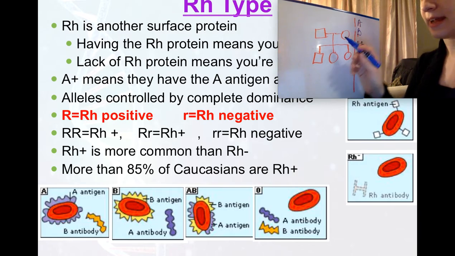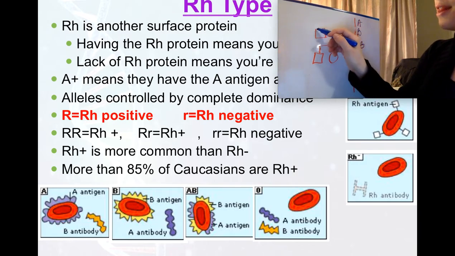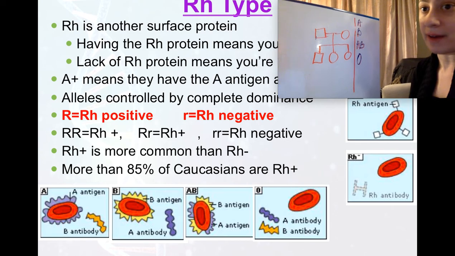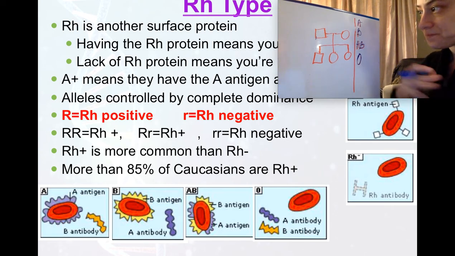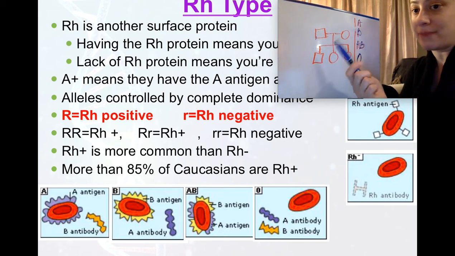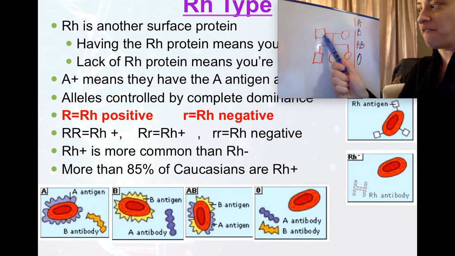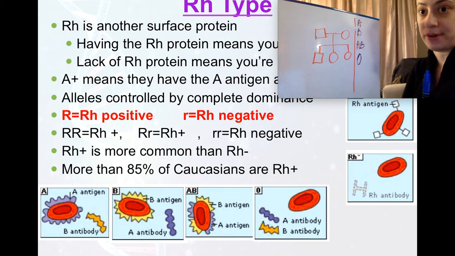In my pedigree that I have here, the squares represent males and the circles represent females. So here, what it means is that we have a father, a mother, and we have 3 children. We have a father, a mother, 1 son, and 2 daughters.